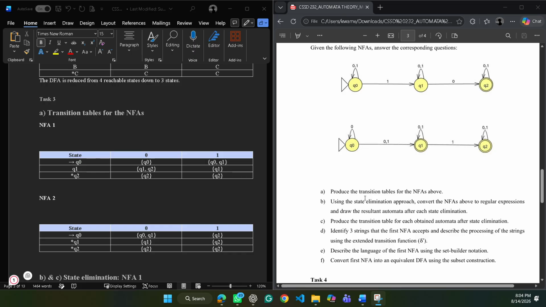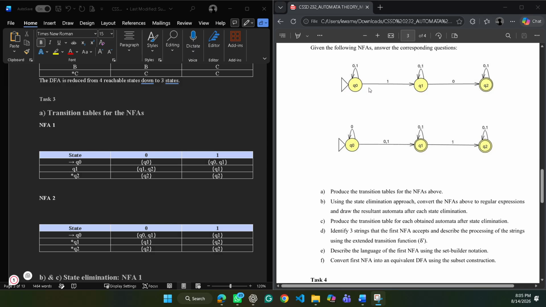The question says to produce the transition tables for the NFA above. With this, you all know the definition of an NFA. For NFA 1, the states are Q0, Q1, and Q2, with the initial state for NFA 1 being Q0.